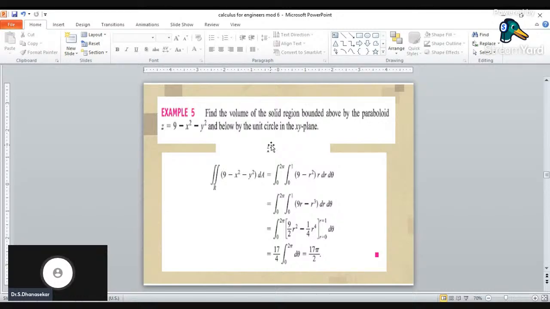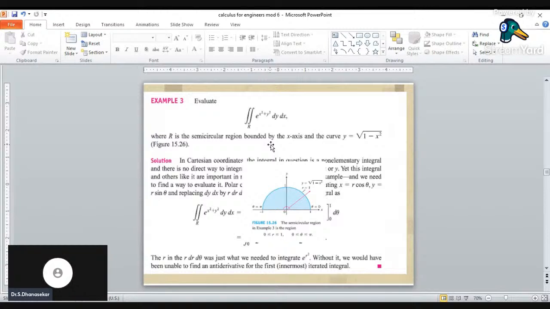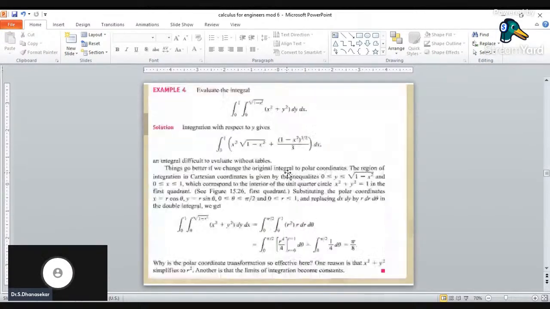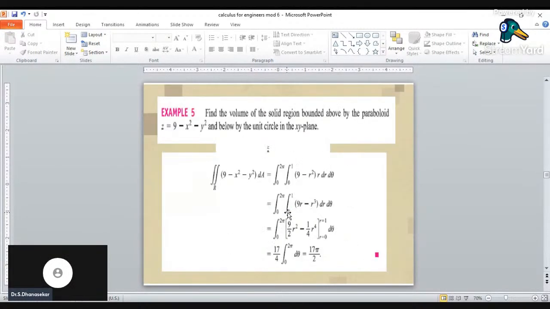That means when I draw a radial line, r will go from 0 to 1, because it's a unit circle. And if it is a full circle, the angle is 0 to 2 pi. So 0 to 2 pi, 0 to 1, 9 minus r square into r into dr into d theta.